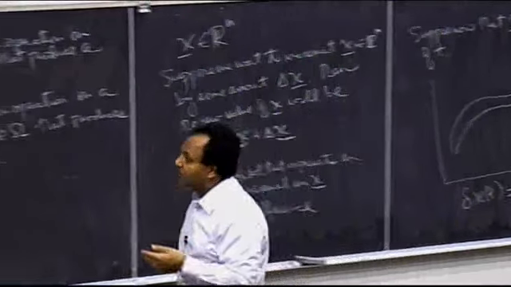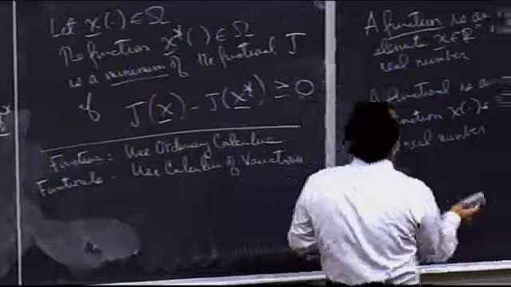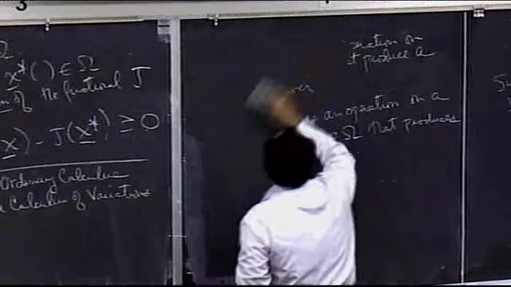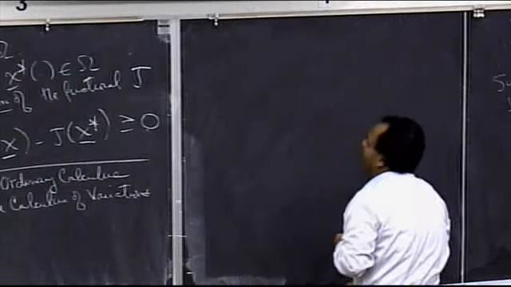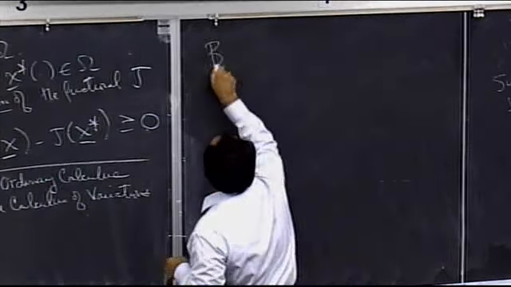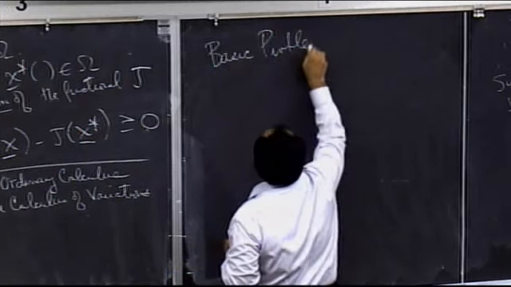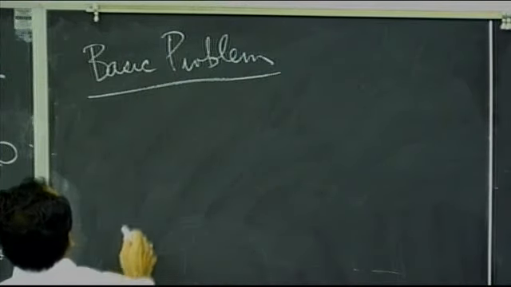So the way we do this is we deal with this thing through this concept of variation. The most basic problem that we deal with in calculus of variations is the classic problem that comes up in this entire subject. We're going to start with this and then work our way forward. Suppose I have the following functional.